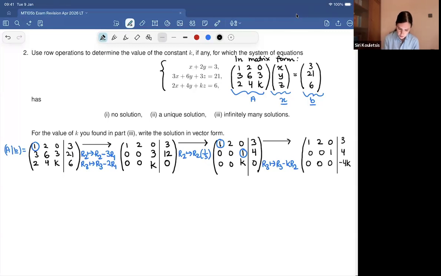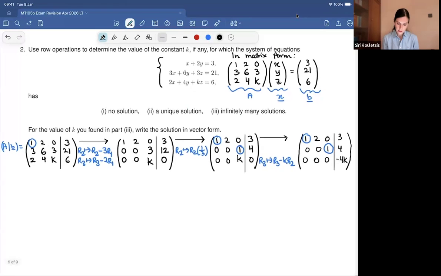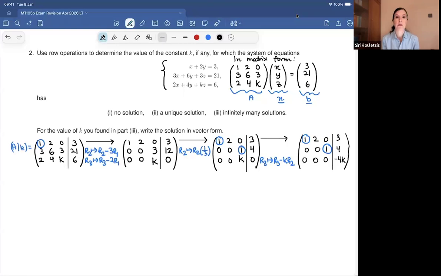And we get minus 4k there on the right-hand side. And now we are ready to start analyzing and answer these questions. So have a little head start to think about: we're looking now at the reduced augmented matrix. Are there any values of k for which this system has no solution?